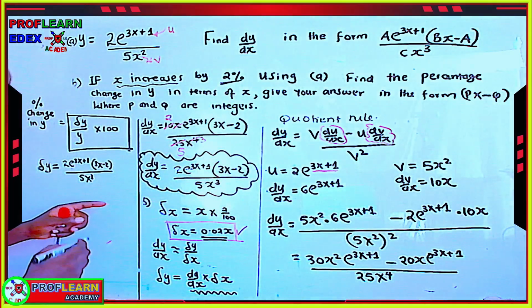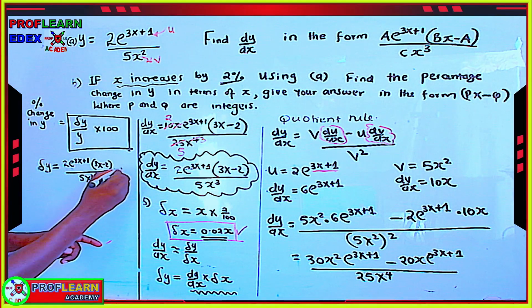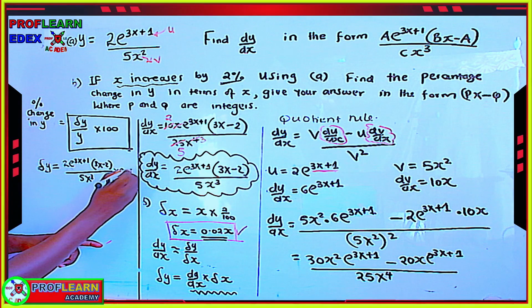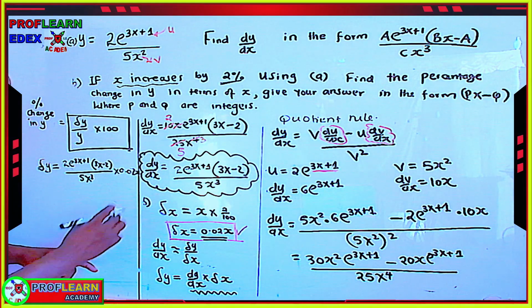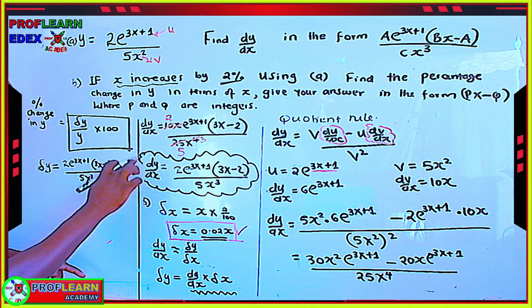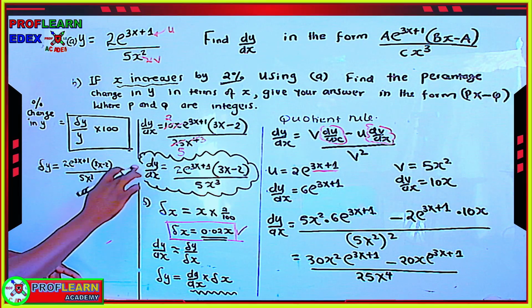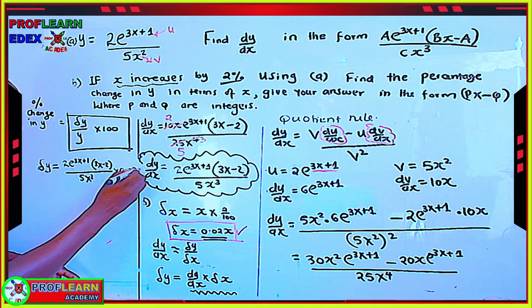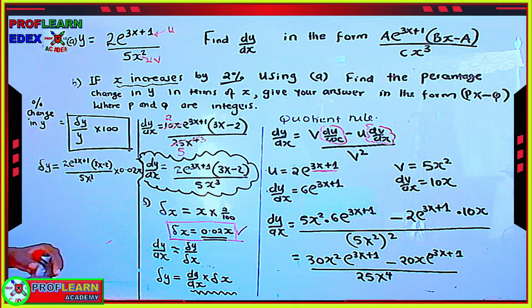That's why we did it that way. So times small change in x, which is going to be 0.02x. Now that is the small change in y.